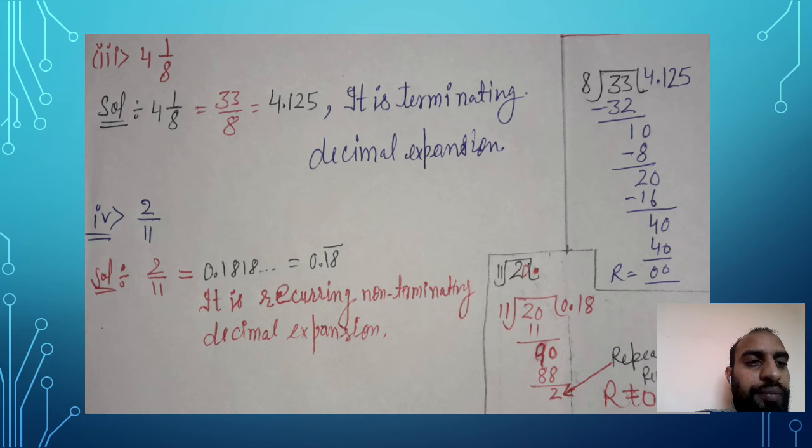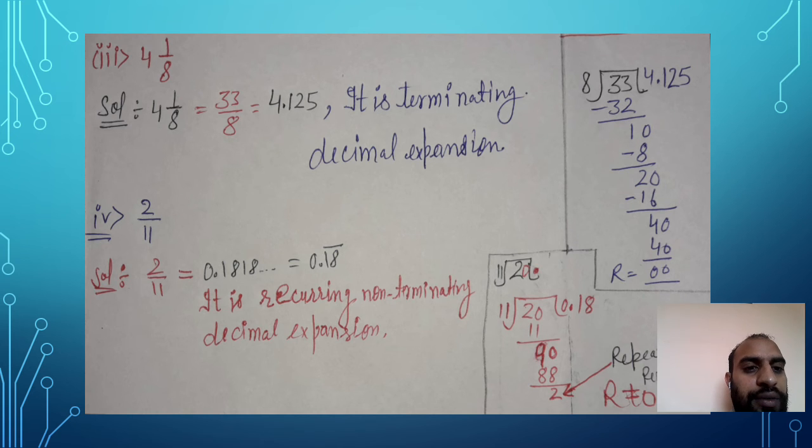Then put a decimal, it becomes 10. 8 1s are 8, 2 left, it becomes 20. 8 2s are 16, now 4 left, and 8 5s are 40. Remainder is 0. If remainder is 0, that means it is the first category. It is terminating decimal expansion.